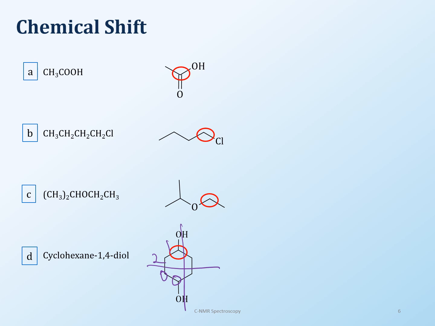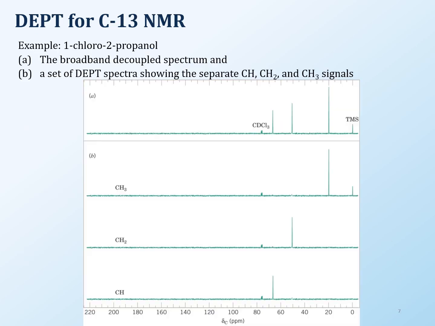Those are the two signals you will see, which means that this carbon and this carbon are exactly the same. Between those two signals, the circled ones will be the downfield shifted. So that's how you will do it for carbon 13 NMR for downfield shifting.